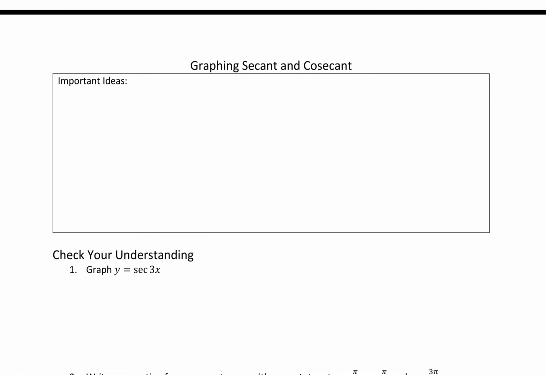So let's look at cosecant. So cosecant is going to be the reciprocal of what? Of sine, yes. So remember what your sine values are. So they're 0, 1, 0, -1, 0, right? Okay. So if we can remember what our sine values are, we can find our cosecant values on our tables if we were to graph.